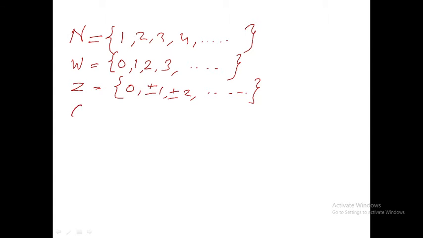Q. Q means set of rational numbers, a number that can be expressed in the form p by q, where p, q belong to integers, and q not equal to 0.